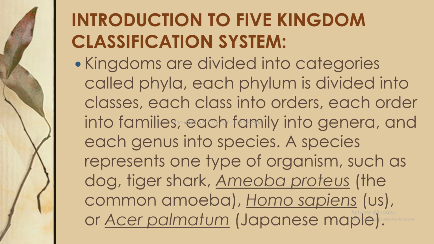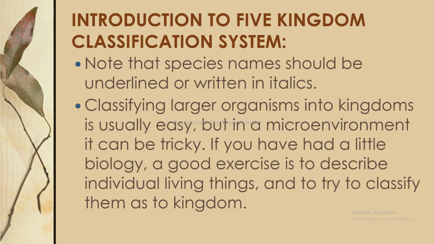Next is Homo sapiens, us, and Acer palmatum, which is also called Japanese maple. Note that species names should be underlined or written in italics.